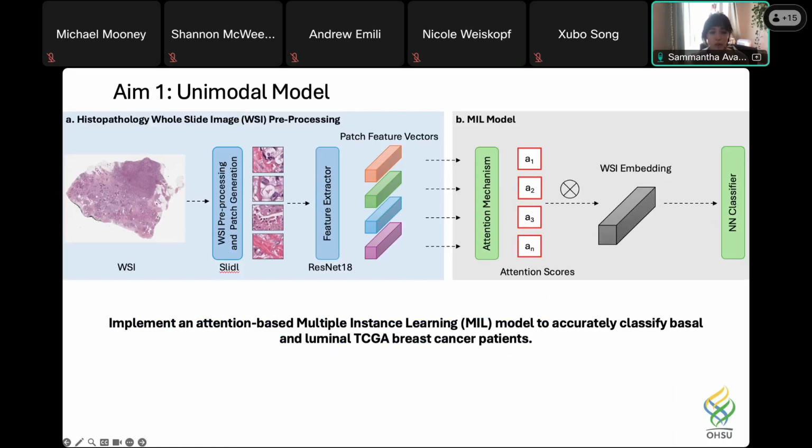And so for our first aim, we wanted to implement an attention-based multiple instance learning model to accurately classify basal and luminal TCGA breast cancer patients, and so breast cancer patients from the Cancer Genome Atlas database. And so by accomplishing this aim, we are then able to see if we can extract clinically relevant morphological features for basal versus luminal subtype predictions.